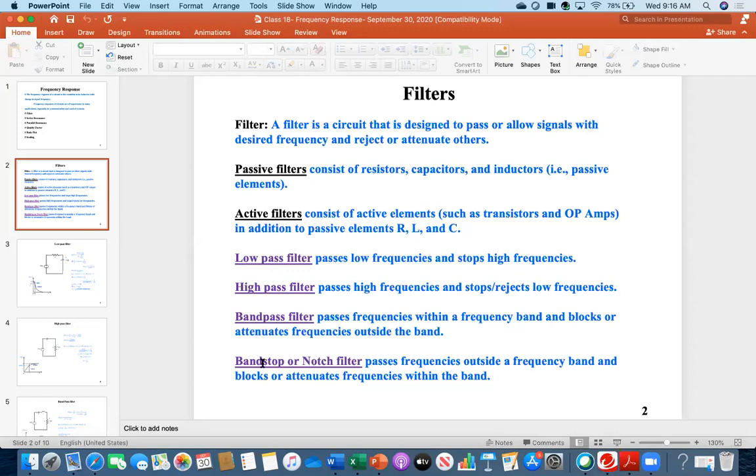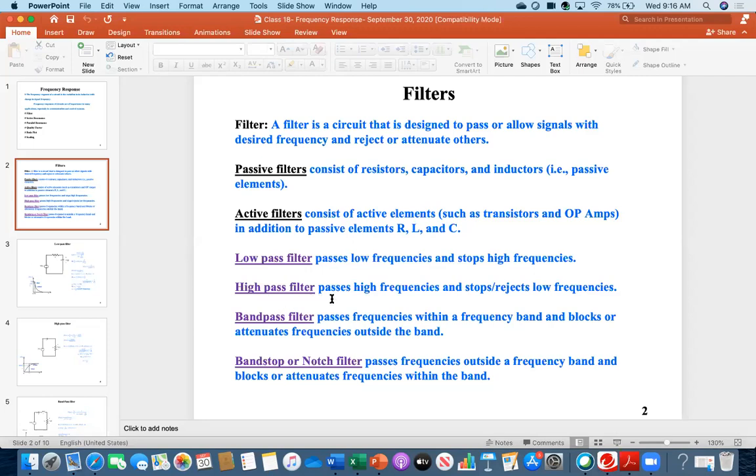Passive filters are again of four types: the low pass filter, high pass filter, band pass filter, and band stop or notch filter. A low pass filter passes low frequencies and stops high frequencies.